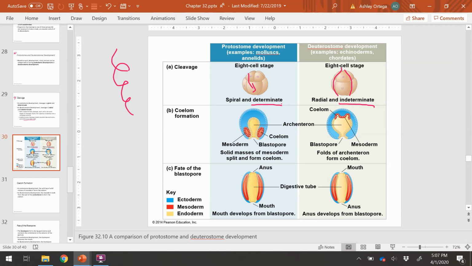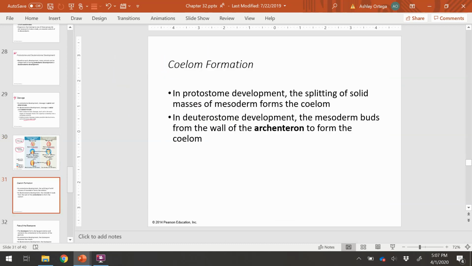And so looking at the next one, it is the coelom formation. So that is your body cavity formation. And so looking at our slide here, you can see that in protostomes, their coelom forms when the mass of the mesoderm splits, as compared to deuterostomes, where that mesoderm is going to bud off from the inner layer called the archenteron, and that will form the coelom.